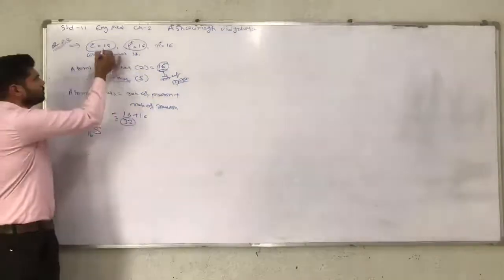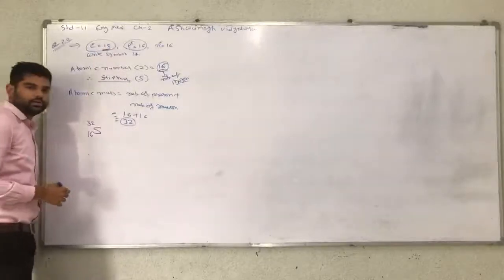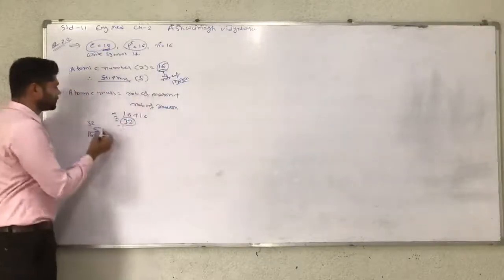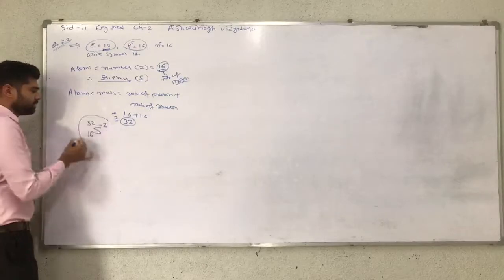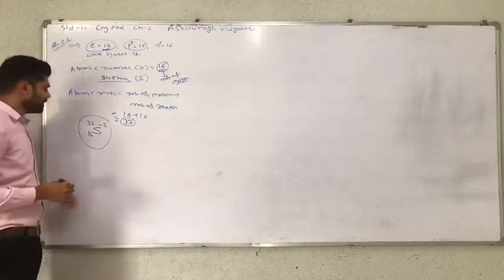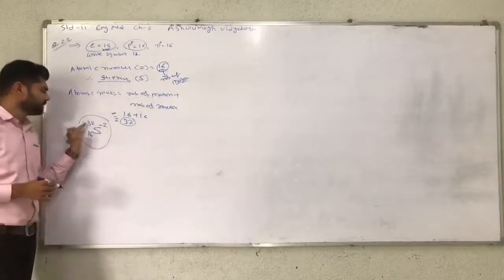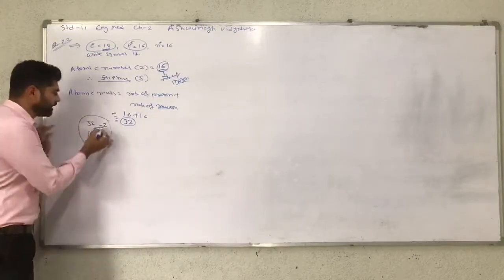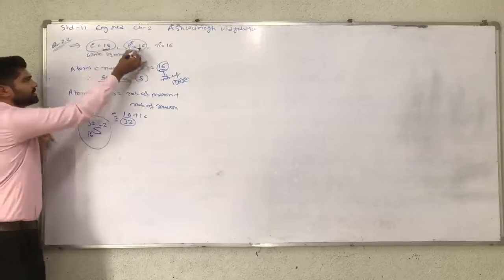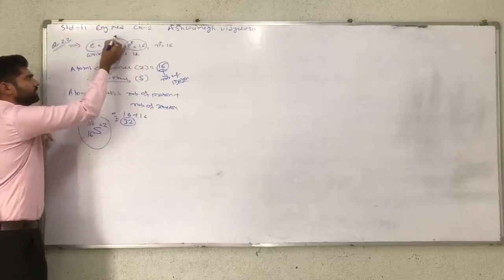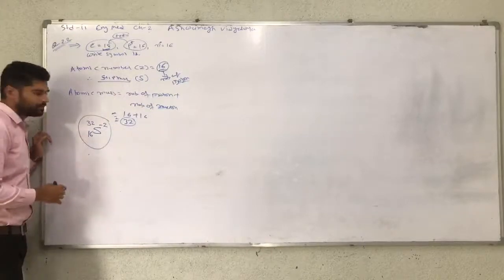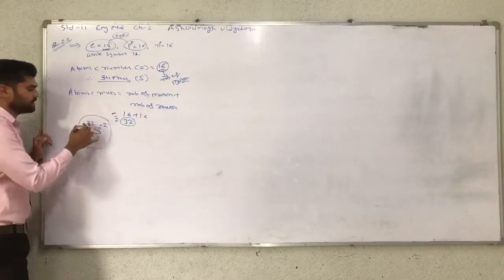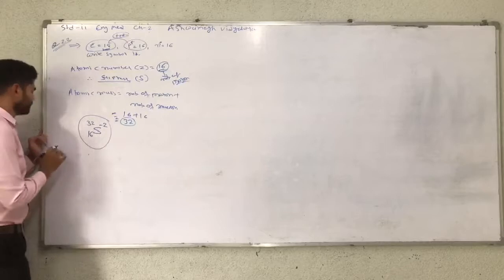But there are 2 more electrons than protons, therefore the charge is -2. So the symbol of this element has atomic number 16, atomic mass 32, and charge -2.